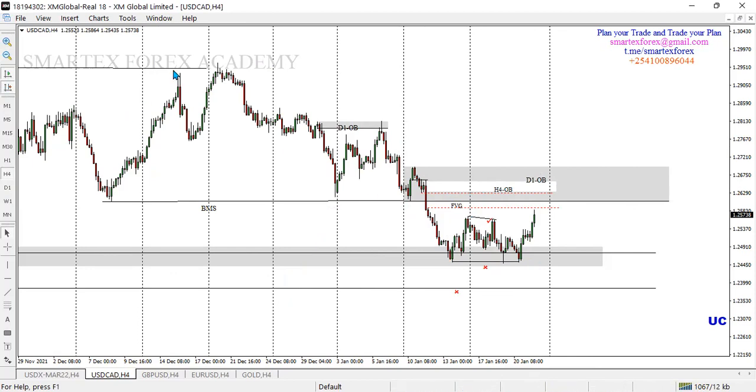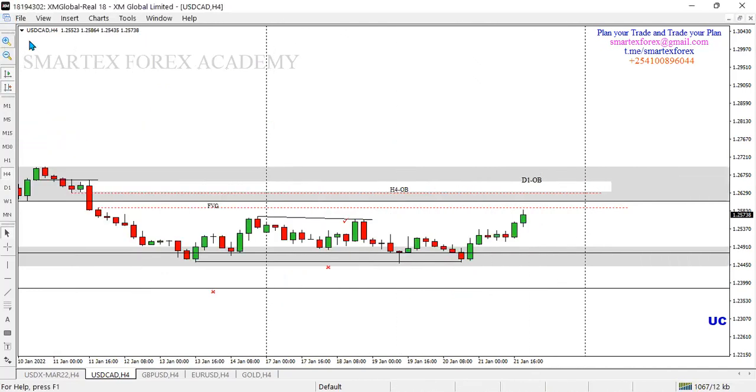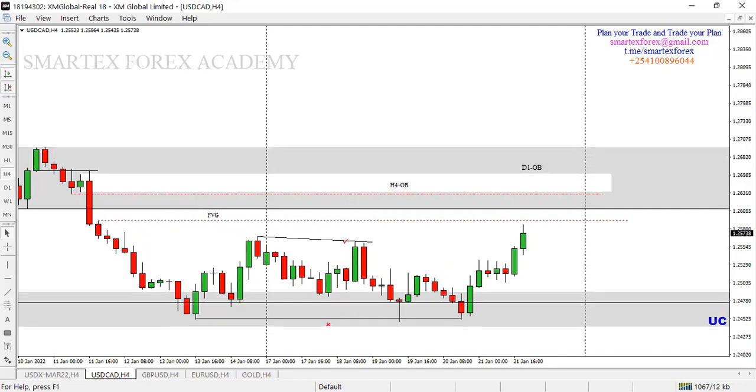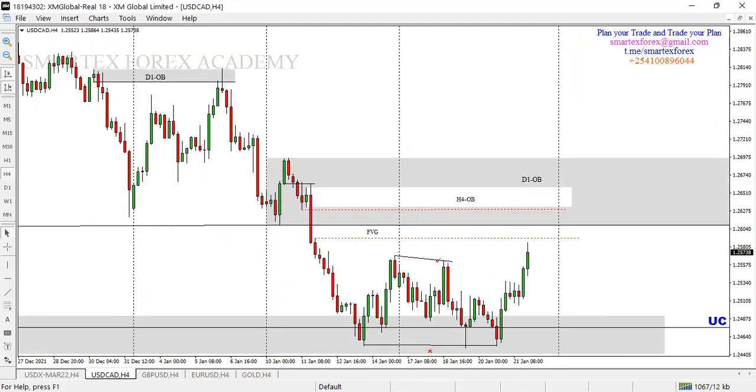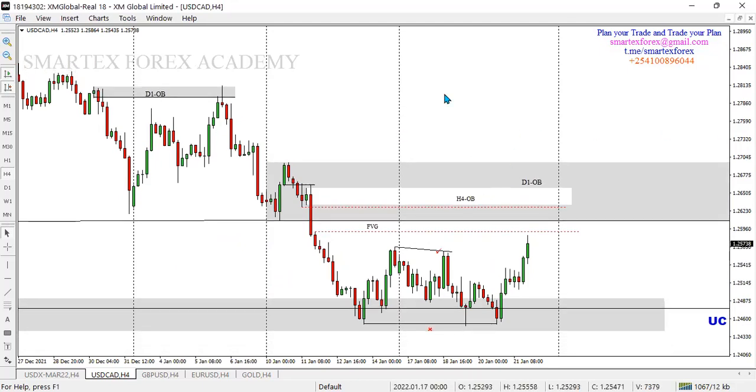So here, what I'm expecting is the price to open, fill the fair value gap, find resistance in any of these zones, either this or this low here.